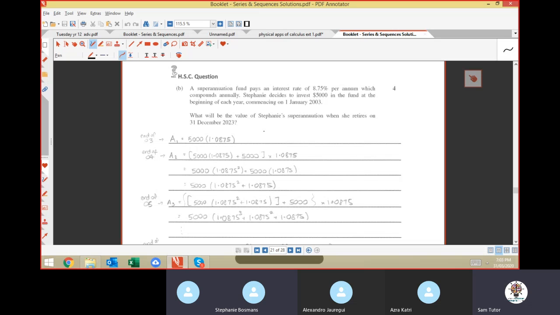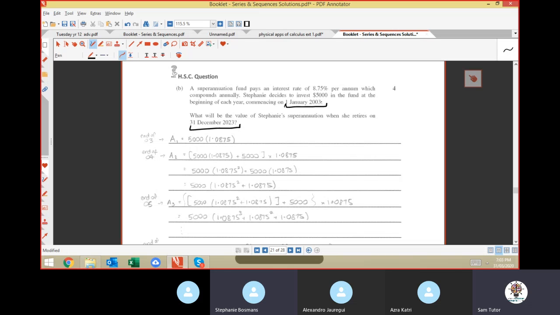No, not really. Okay, let's have a look at the first three lines. Do we agree with that? Yeah. Okay. I feel like I know where you guys went wrong. From the 1st of January to the 31st of December 2023, how many years did you guys use? 20. That would not be right.